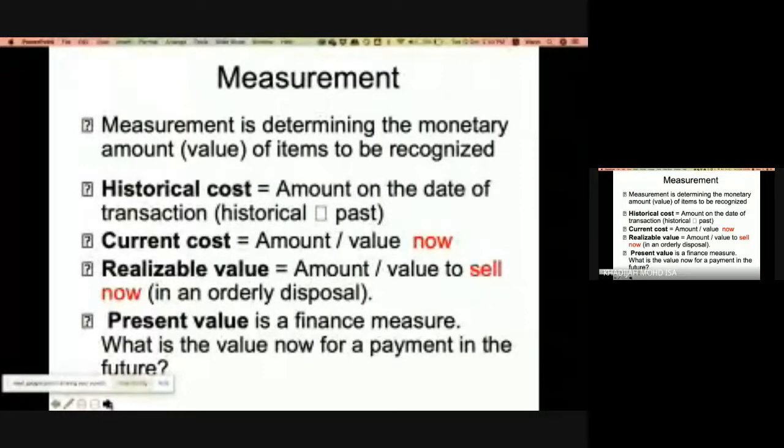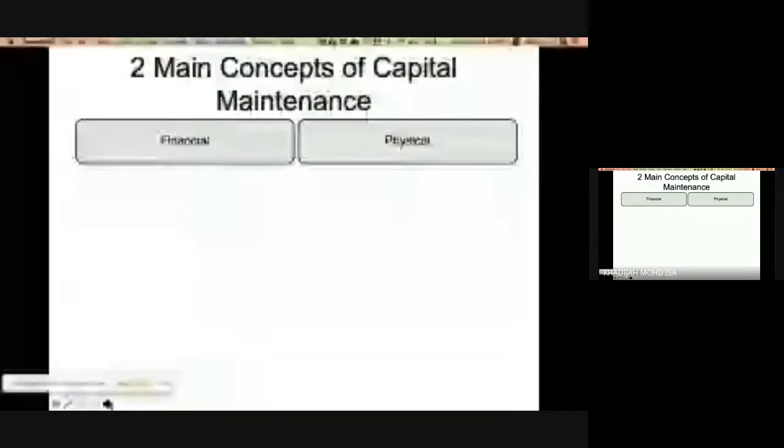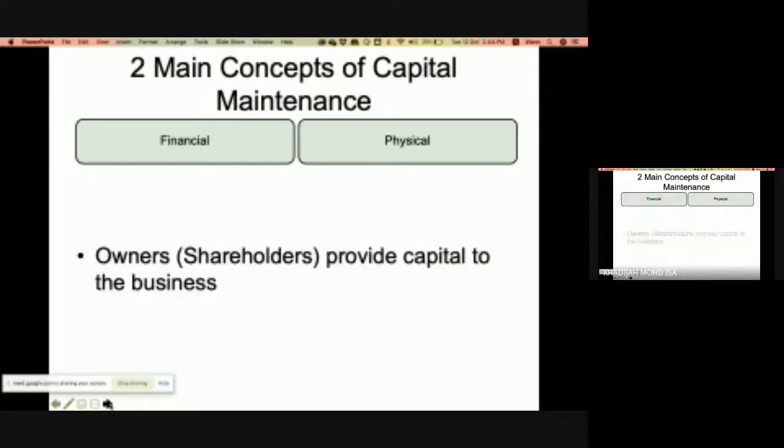And finally, in the conceptual framework, you do have this concept of capital maintenance. There are two types, financial and physical maintenance. Financial maintenance is that shareholders provide capital to the business.